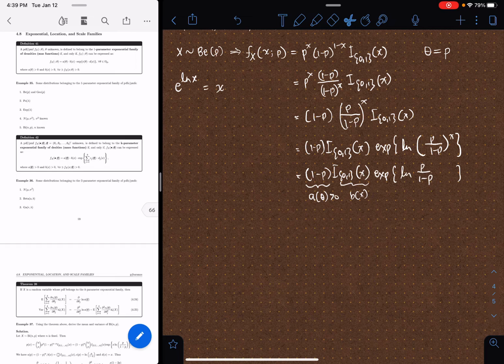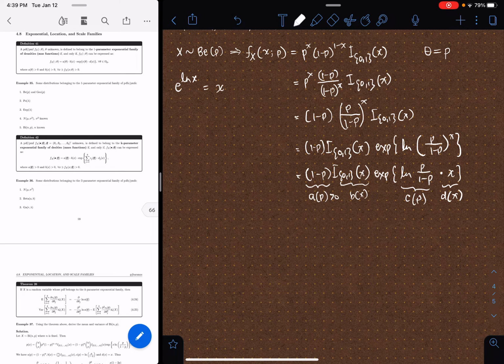We have ln of p times x. Yeah. So this will be our c of theta. Instead of theta, I'm gonna use p now. So c of p, and this is our d of x.